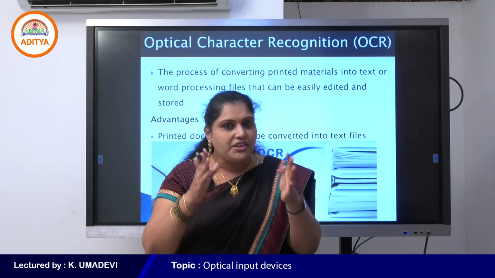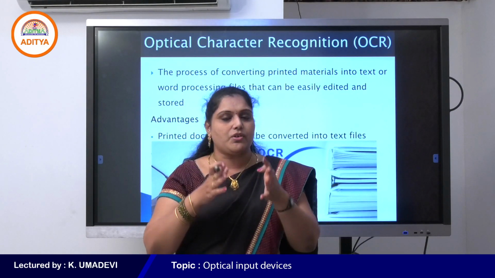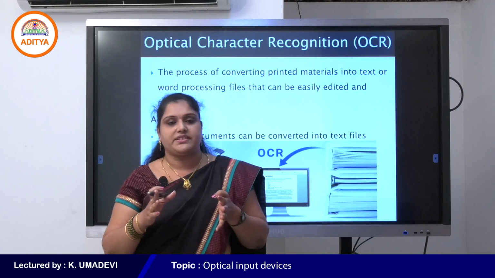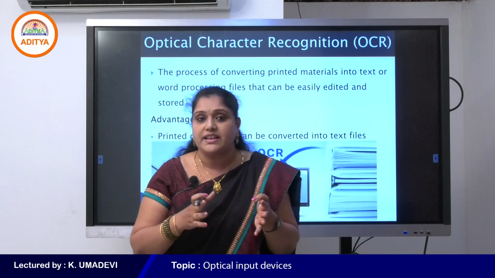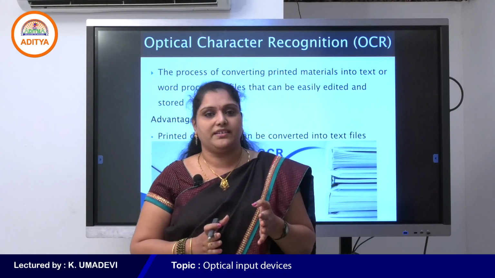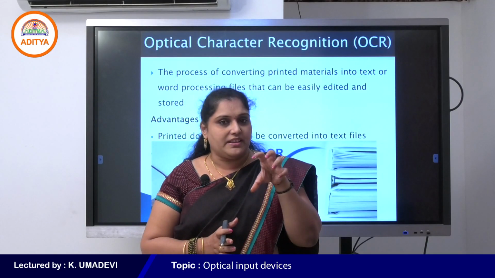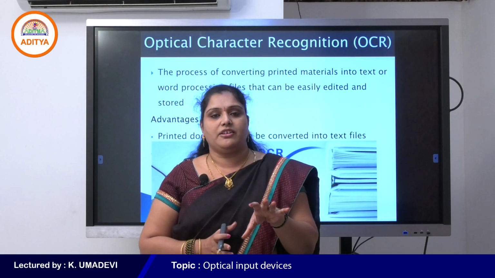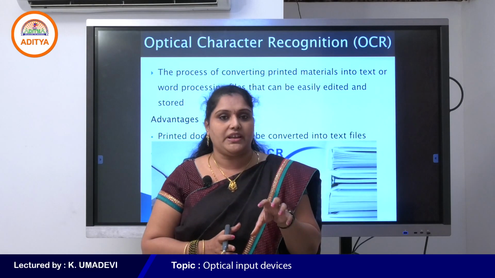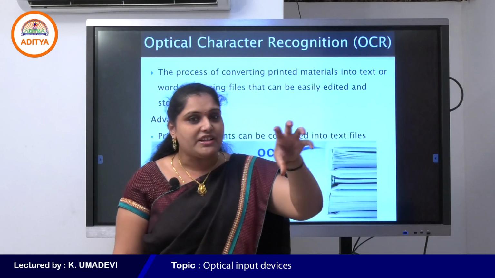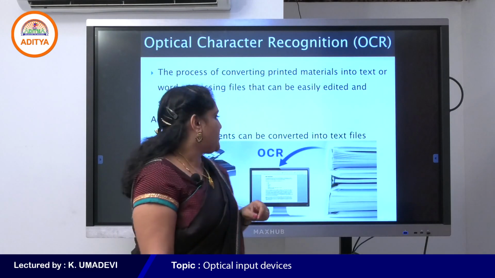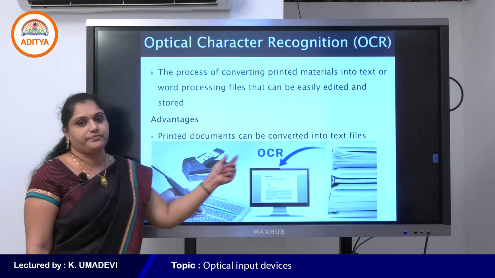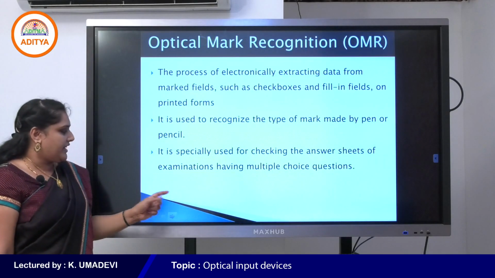A file that is stored on a hard disk or any other secondary storage device is called soft copy. Soft copy is displayed on the screen, whereas hard copy is simply printed material. Observe this picture, students. So this is an OCR device.